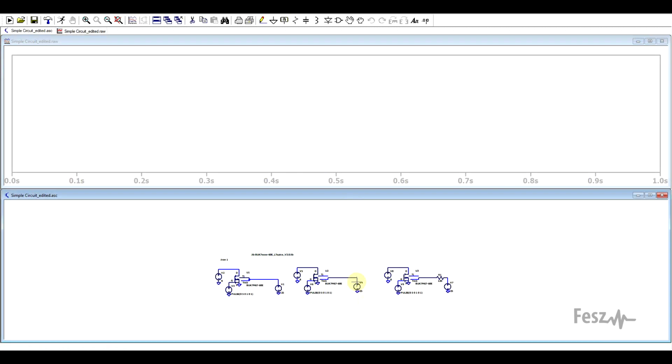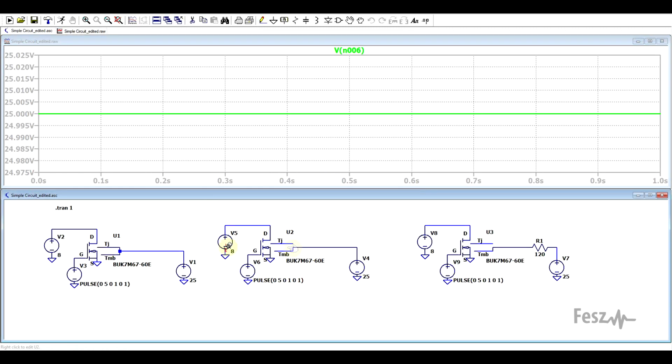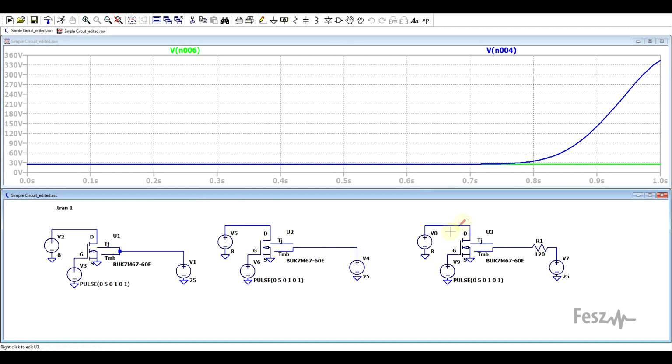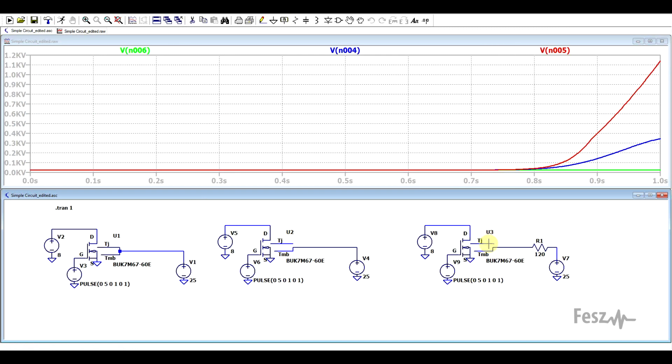Now, if we run the circuit, we can observe that the junction temperature in the three cases is different. So I set quite a high amount of power dissipation. That is why the temperature values are reaching such levels. But the point is that each circuit has its own thermal behavior.